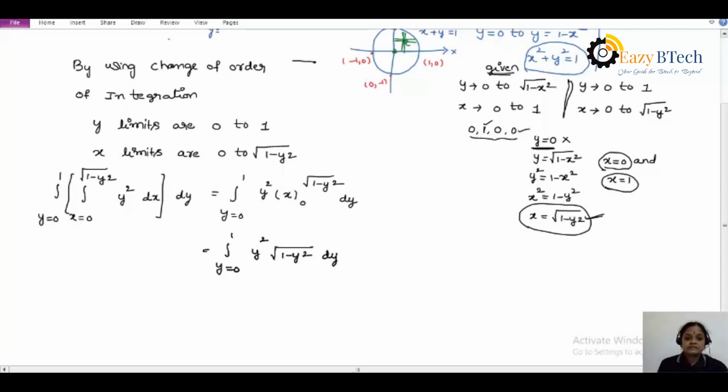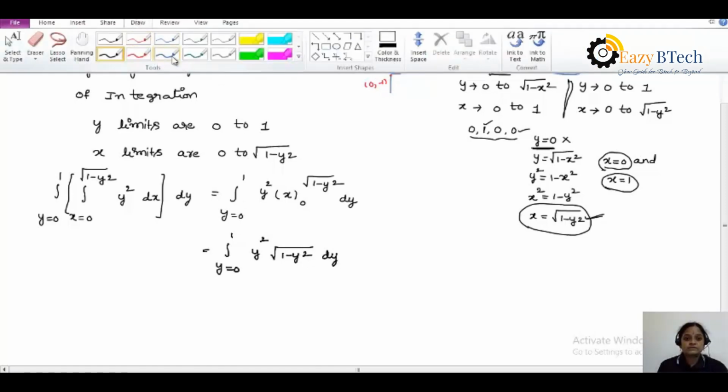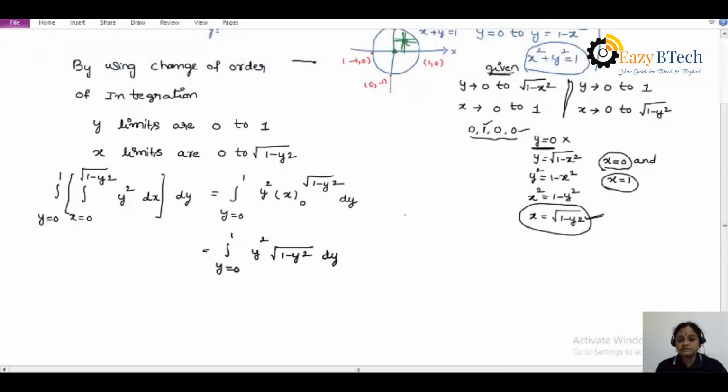For the integration of y square into root of 1 minus y square, I am using the substitution method. Put y is equal to sin theta, then dy is equal to cos theta d theta, and changing the limits.